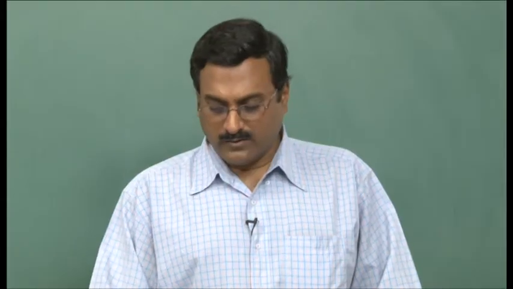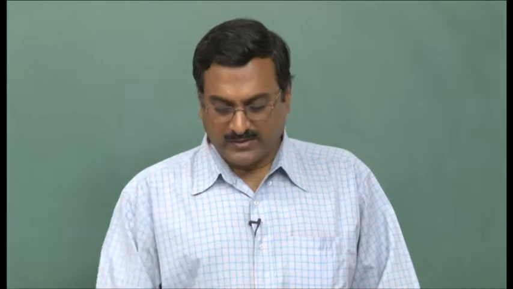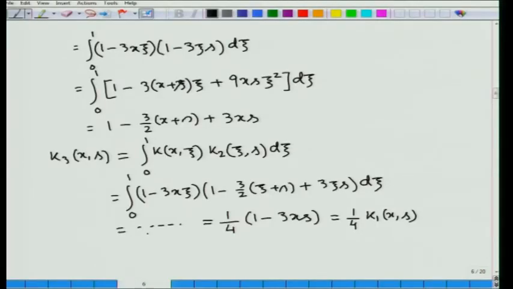What we have assumed as k1(x,s) is actually your given kernel k(x,s). So, with this result, that k3(x,s) is equal to 1/4 multiplied with k1(x,s), you can calculate k4(x,s). Now, k4(x,s) is equal to the integral from 0 to 1 of k(x,xi) k3(xi,s) d xi.